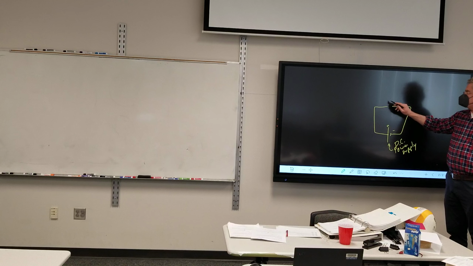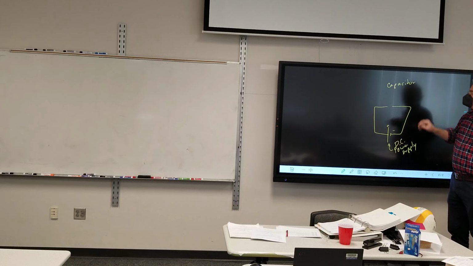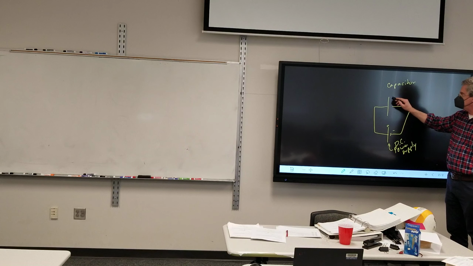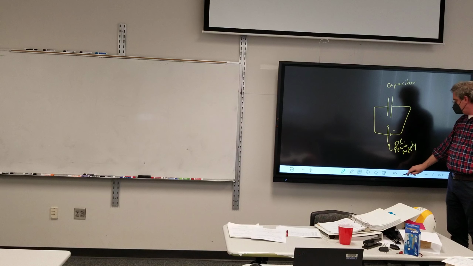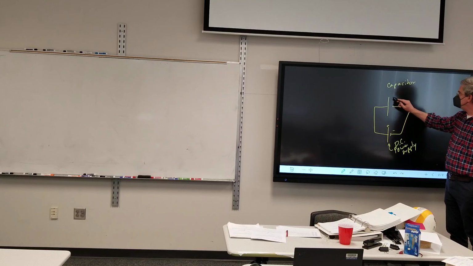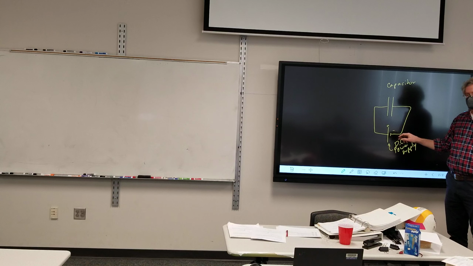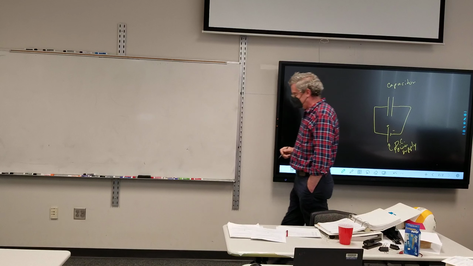To this, I'm going to add a capacitor. Now, the symbol used for a capacitor, at least the one that I use, is two parallel lines. They should be the same length, as opposed to the power supply, which has different ones.